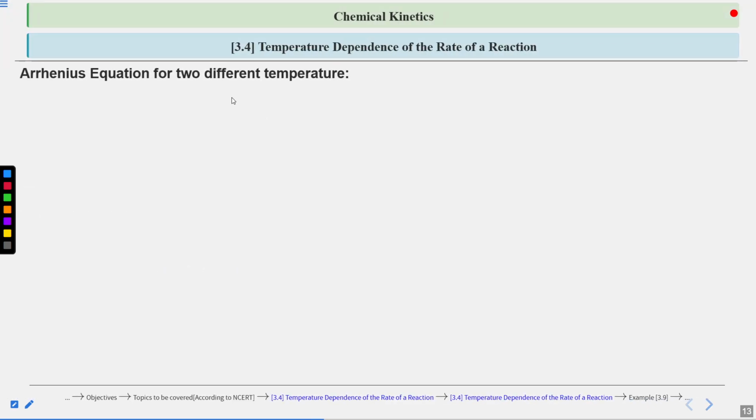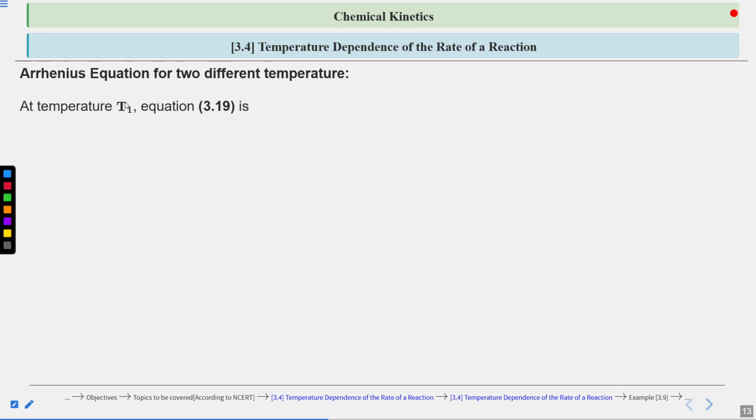Now let's see the Arrhenius equation for two different temperatures. The equation of Arrhenius was k = A e to the power minus Ea by RT, right? But T there is representing only one temperature. What if we are talking about the Arrhenius equation at two different temperatures?